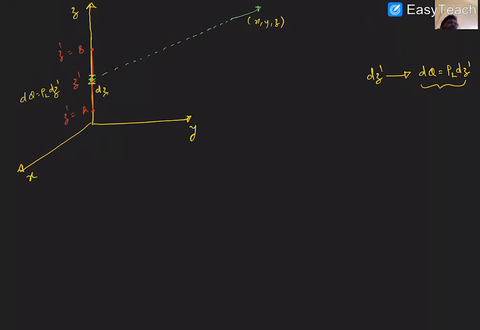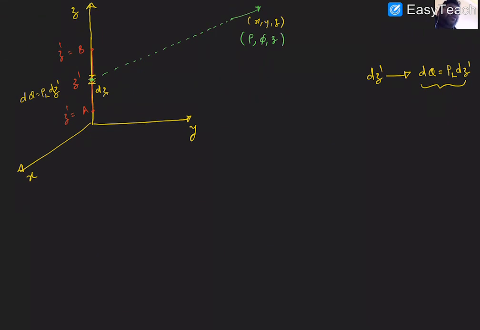Because according to Coulomb's law, the direction of the force will be along the line joining these two charges, and since we are considering a small differential length, we can assume that it is a point charge. This point can also be represented using cylindrical coordinates, which is more convenient for finding the total effect using integration.